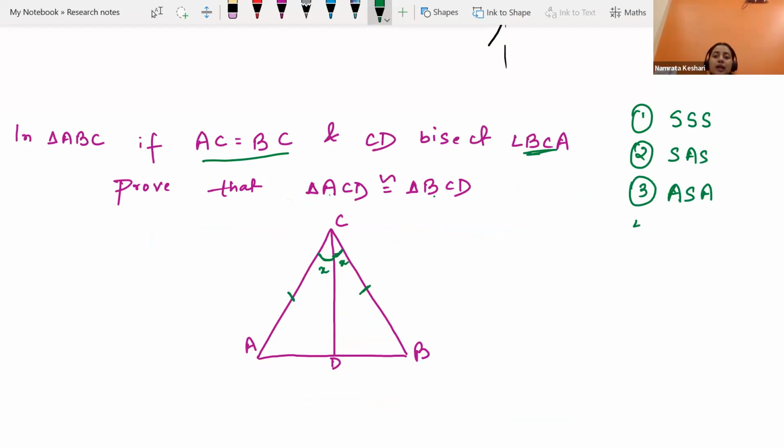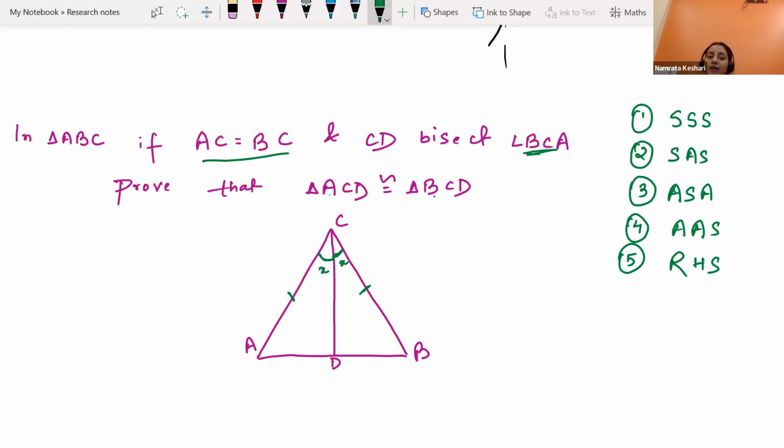Next one is angle, angle, side. And the next one is RHS, right angle, hypotenuse, and any one of the sides. If we are able to use any one of these 5 criteria, then we have proved that this triangle and that triangle are congruent with each other.